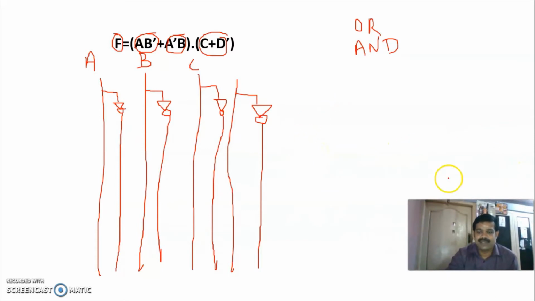Since I am using the mouse, it is not clear. Okay, so I have drawn the four input variables and their complements.